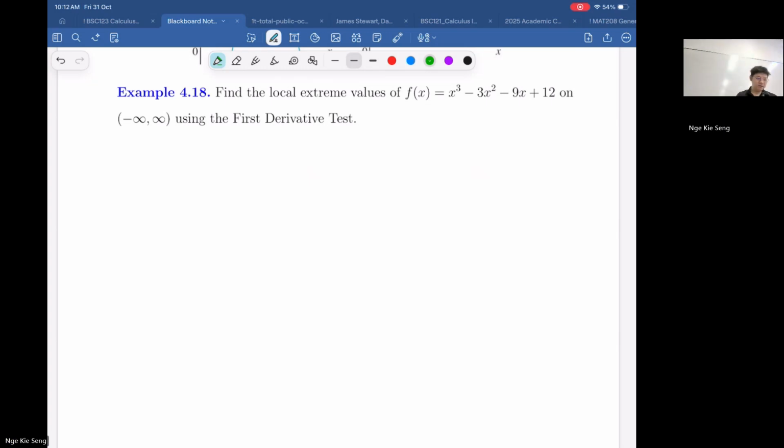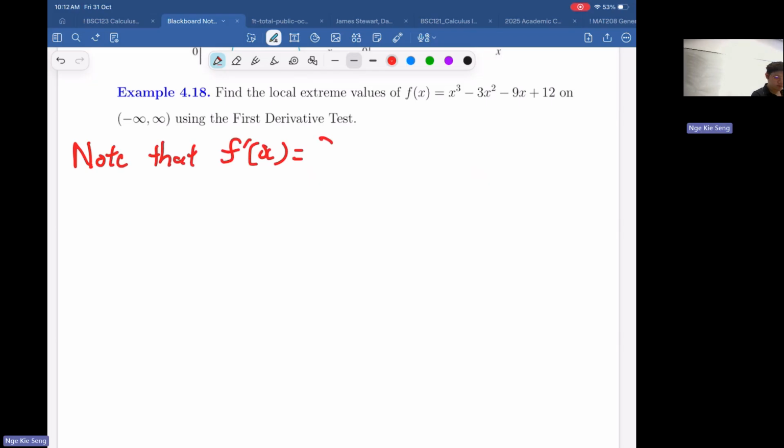Okay. So meaning that we want to find where it is increasing or where it is decreasing. So let's do it, for the derivative. Note that f prime x is equal to 3x squared minus 6x minus 9.